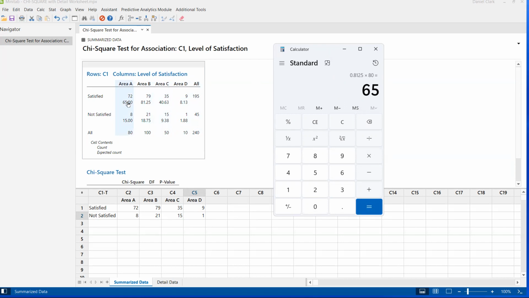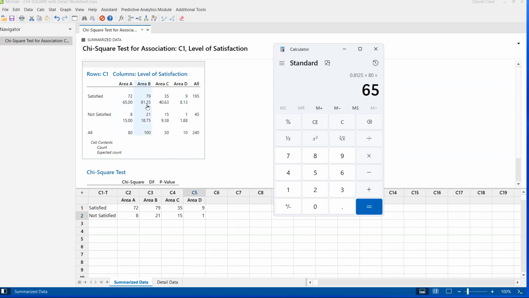So these expected counts are taking the overall proportion and then applying that to each area. In area A, if 81% of the customers are satisfied, we'd expect to see 65 satisfied customers. In fact, we actually saw 72. We saw more than expected in area A.